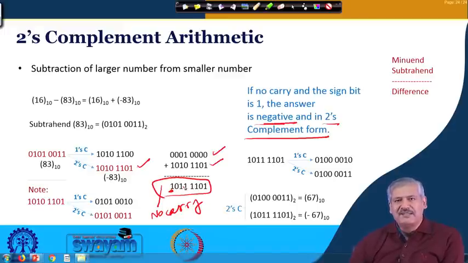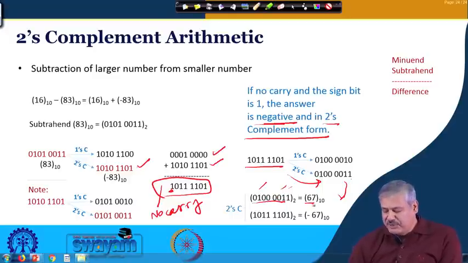If you want to know its magnitude, we have to do the 2's complement of this number to get the corresponding positive part of it, the magnitude part of it. So, this is what you get here, 1011 1101. If you perform 2's complement of it, right, then you get 01000011. So, this is 64, 2 and 1, so 67.